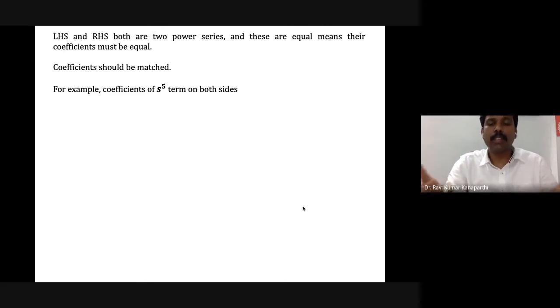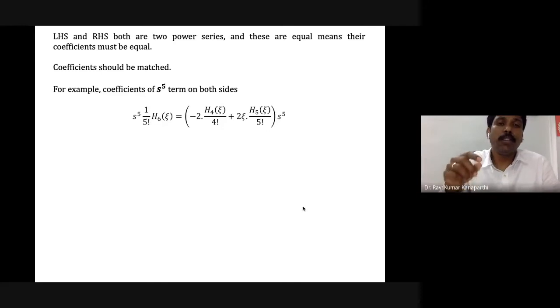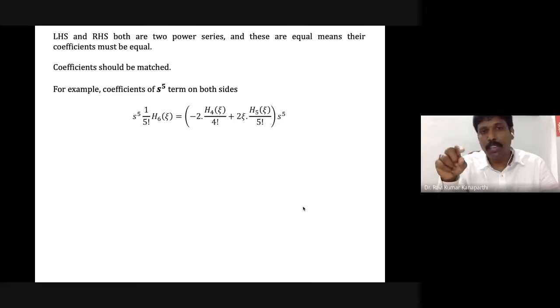How to evaluate the coefficient of s to the power 5? To obtain the s to the power 5 coefficient in the left hand side power series, one has to substitute n is equal to 6. Please remember that on the left hand side we have summation n runs from 0 to infinity of s to the power n minus 1 by n minus 1 factorial. If you want to obtain s to the power 5, then one number has to be increased.